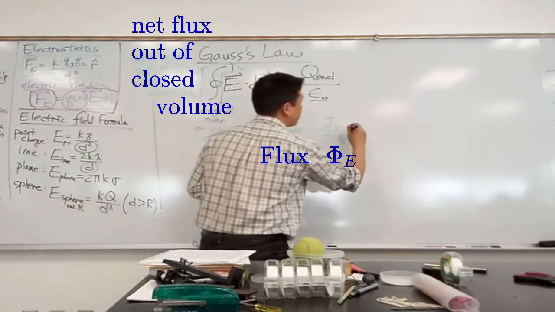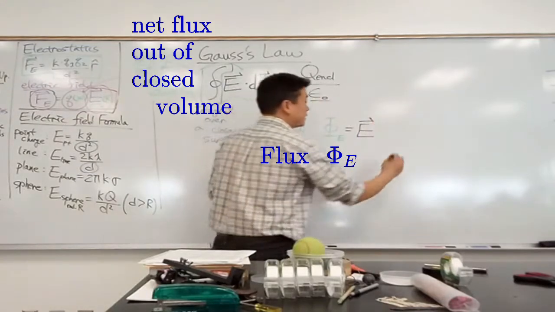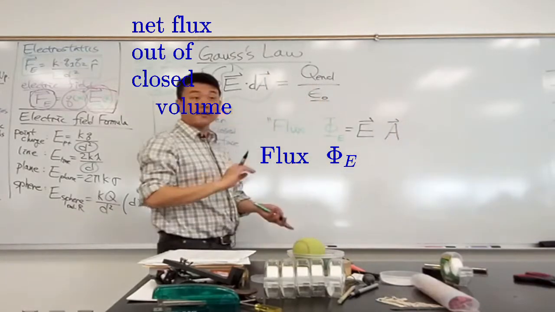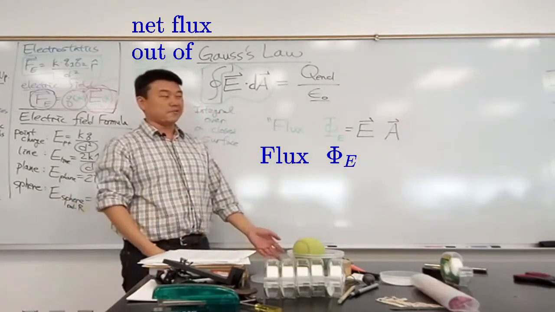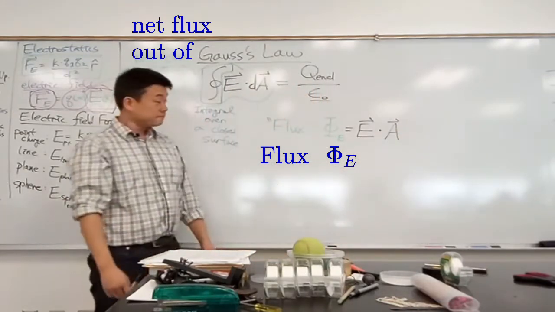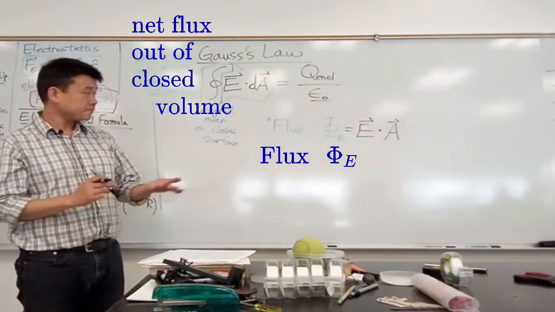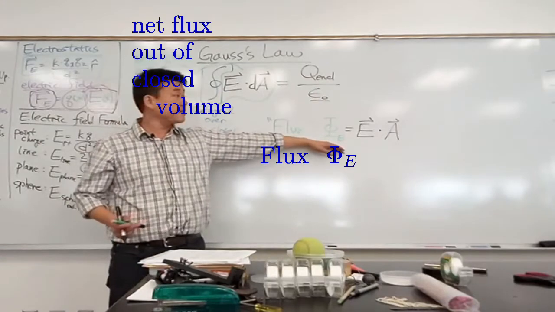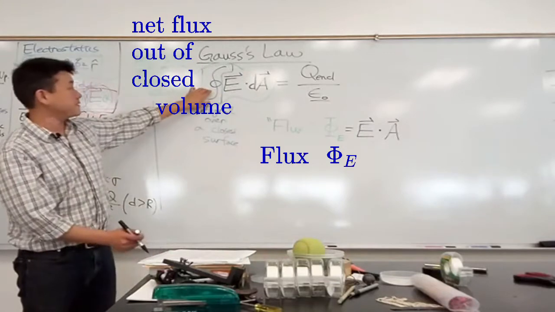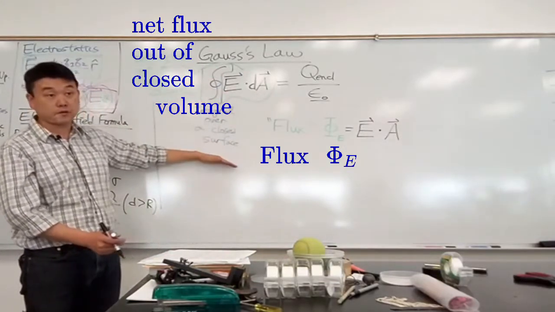Flux is defined as electric field as a vector times area as a vector. And because it's two vectors multiplying, you have to tell people, is it going to be a cross product or a dot product? Well, it's a dot product. So flux is a scalar amount that's given by electric field dot product with area. And that's what this is, except you're doing it over a very specific type of surface.